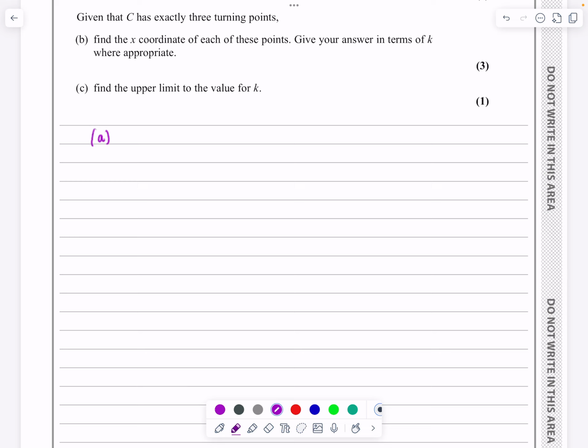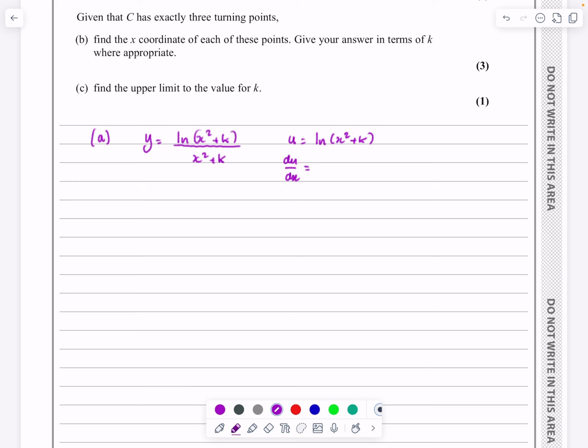We're starting off with y is equal to, and we've got this quotient, as I said, log of x squared plus k, all over x squared plus k. And if you've seen my videos before, you'll see exactly the way that I'm going to set this out. I'm going to say that it's u over v. So the numerator I'm going to call u, log of x squared plus k, and so du by dx then is the differential of that.